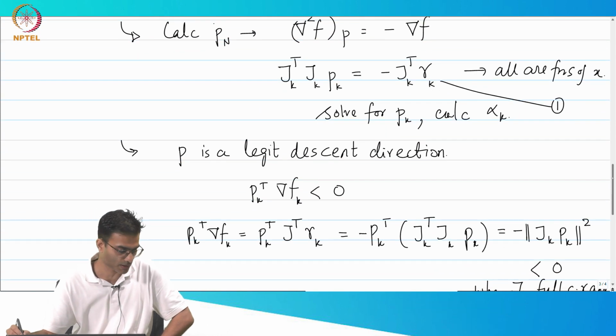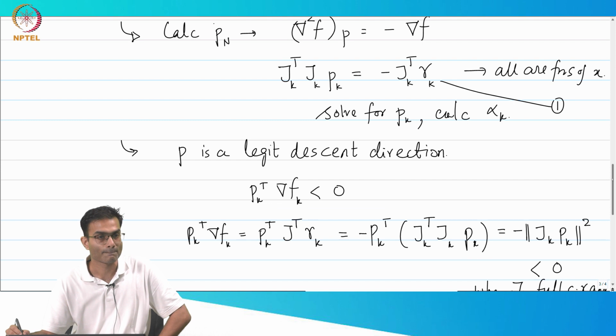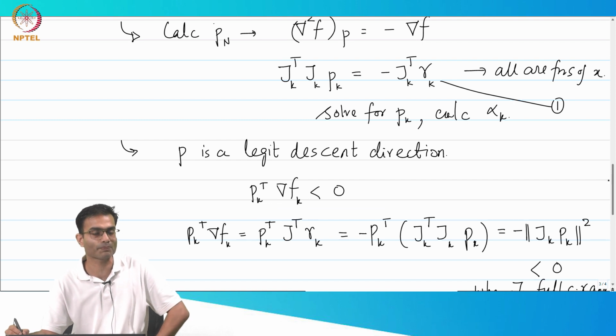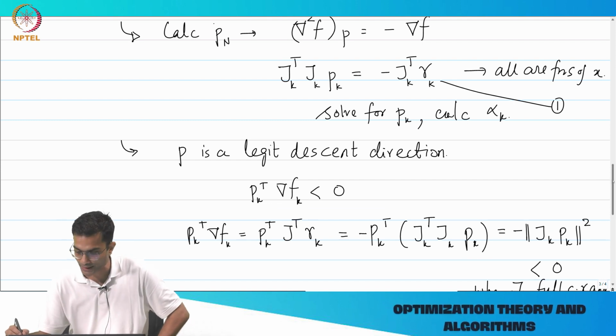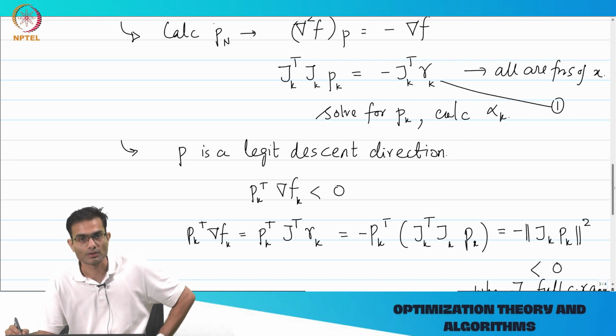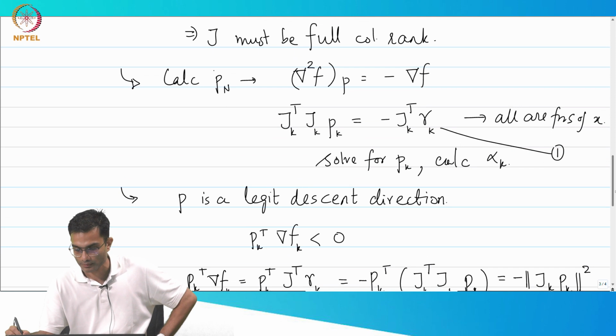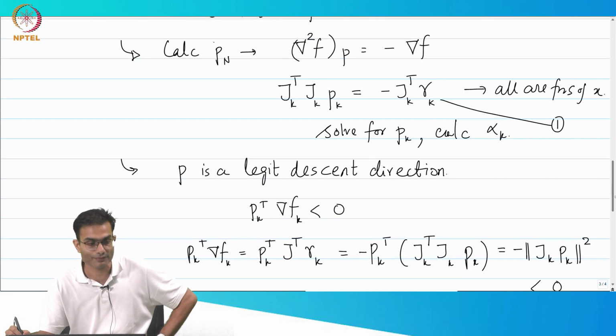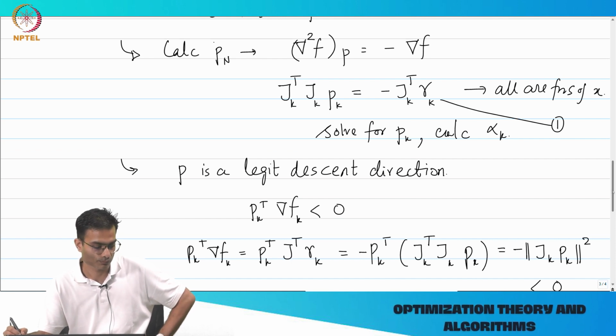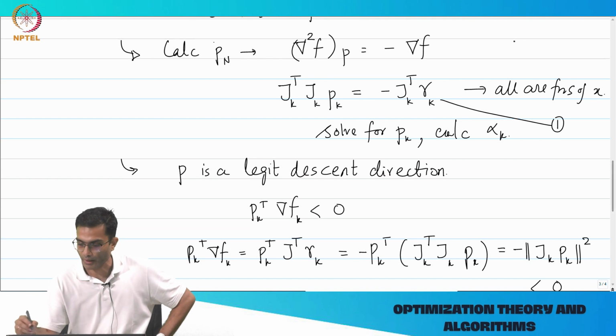p_k going to 0 tells me what? You've reached. But can I relate p_k to anything else? Del f, right? So what is grad f? How do I relate p_k to grad f? I can use this expression.